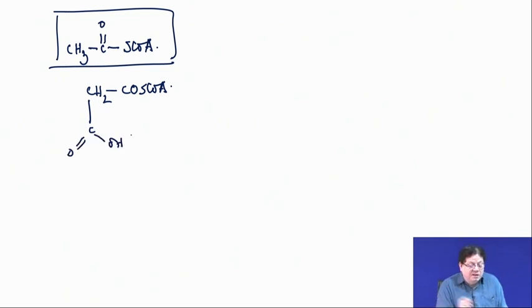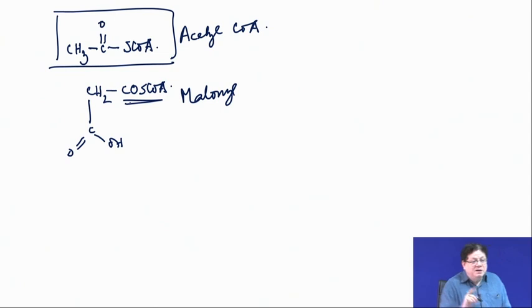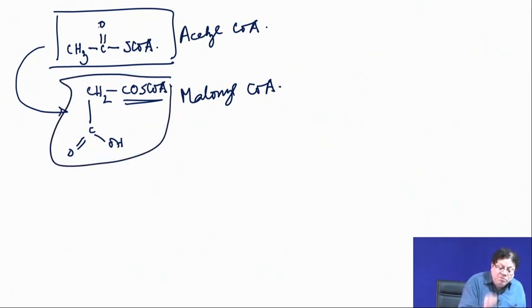This is called acetyl CoA, and this is called malonyl CoA, because in malonic acid only one of the carboxylic acids is converted into CoA. So, this is called malonyl CoA. Okay. Interestingly, this generation of malonyl CoA is actually from acetyl CoA via a carboxylation reaction, and this requires biotin as a cofactor.